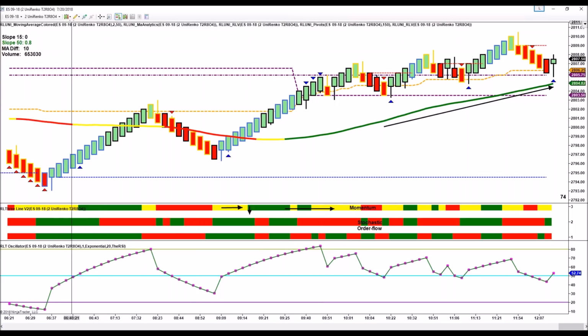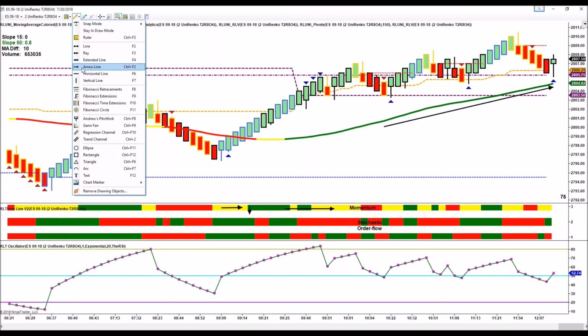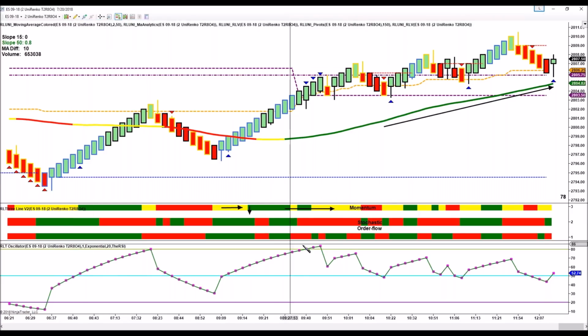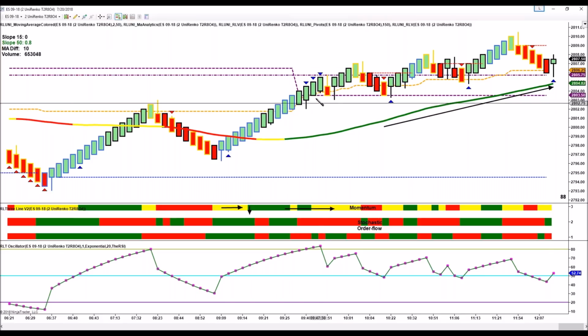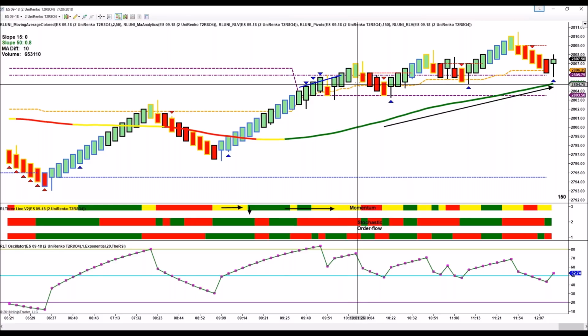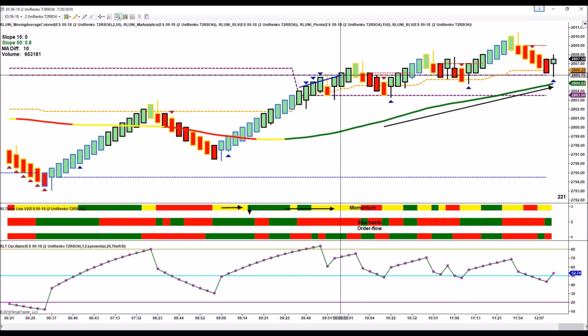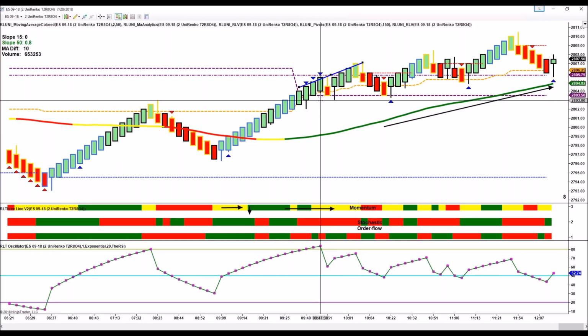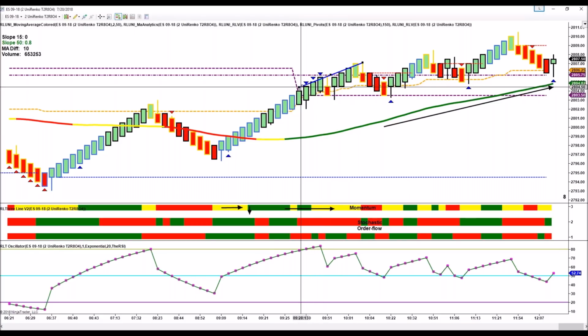Now, it does work once in a while, and I can show you right here that it does. Here is price making a higher high right here. Let me get this right. Where's the pivot? The pivot's right here.